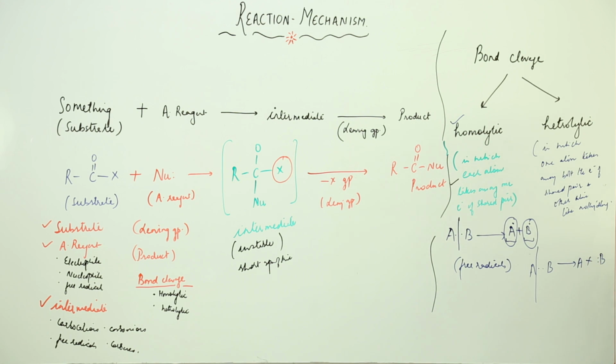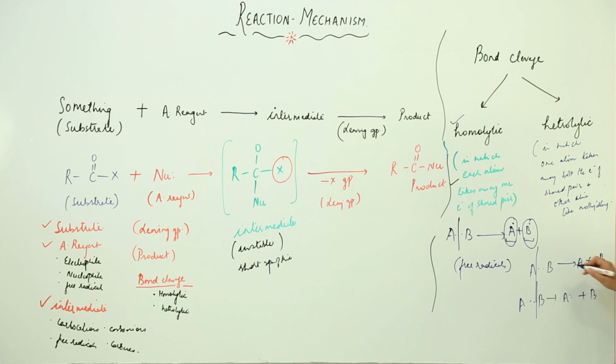One more thing, it can be cleaved the same way the other side also. Don't think I am being partial and just giving the electrons to B. It's not any hard and fast rule. It can be cleaved this way also, that A takes both the electrons and B is deprived of any electron.